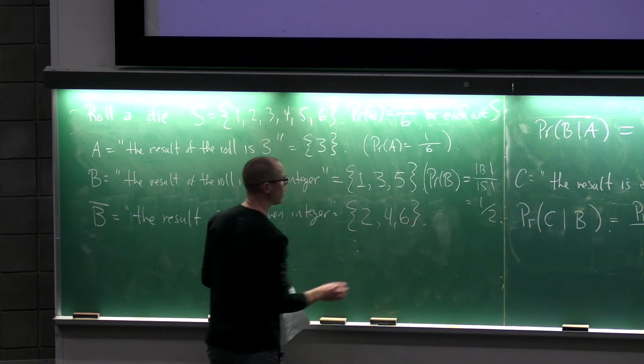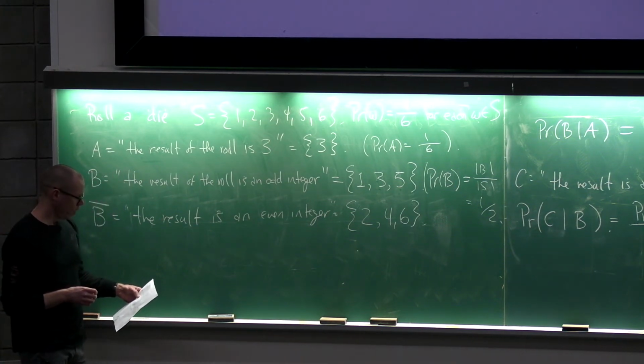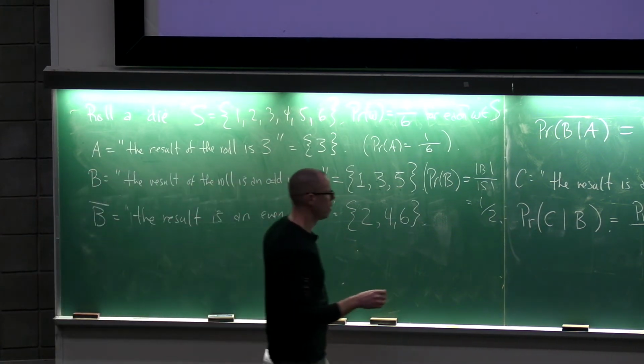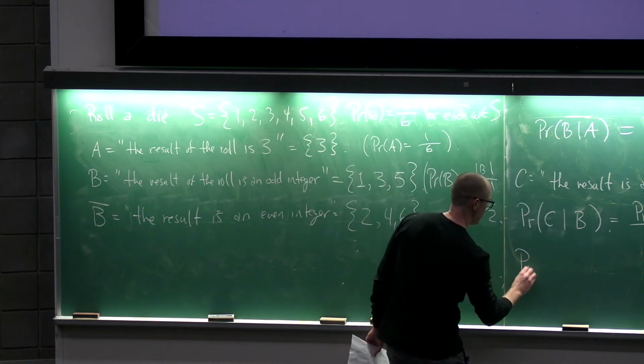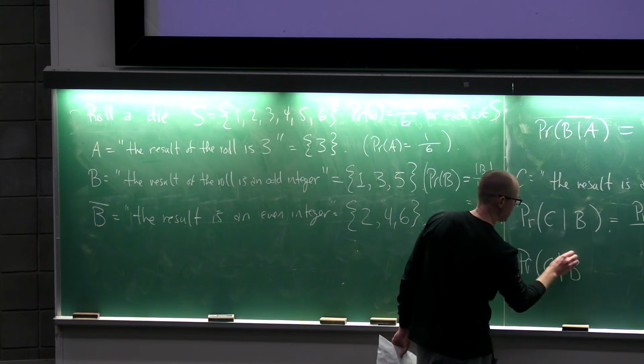And the even outcomes are 2, 4, and 6. And what if I ask you the probability of C given not B?